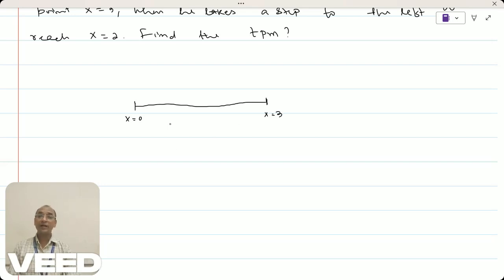At a time he can move a unit distance. Unit distance means from x equal to 0 to x equal to 1. If he is at x equal to 1, then he can move to x equal to 2, not x equal to 3.